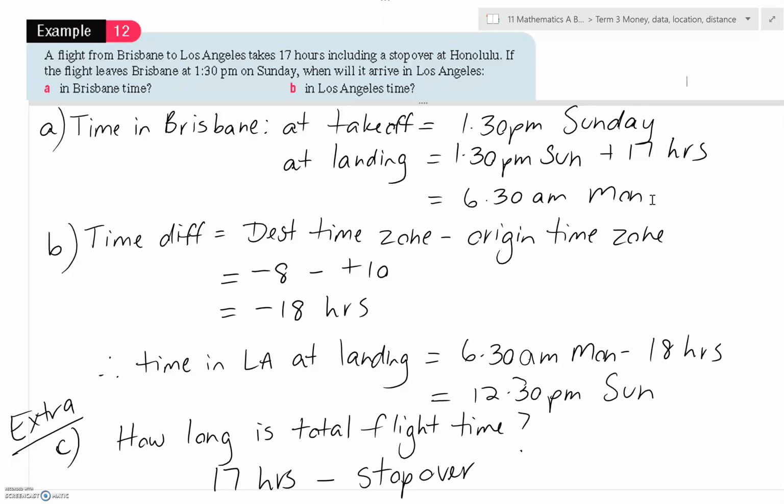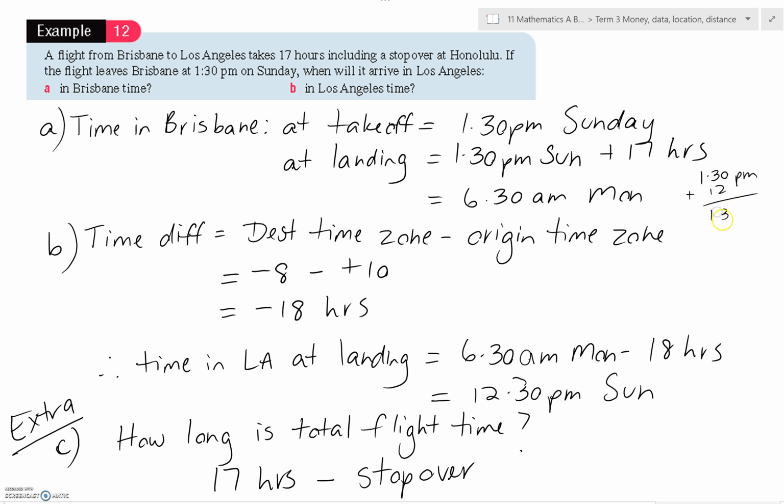So, for example, 1:30 plus 12 hours will take us up to 1:30 a.m. and then we've still got another 5 hours to go, so that is going to take us up to 6:30 a.m. So that could be one way that you do it, and don't forget that takes us into the next day. So you have to be super careful when you're traveling a long way that it's generally often going to be forward or backward in time, so keep that in mind.